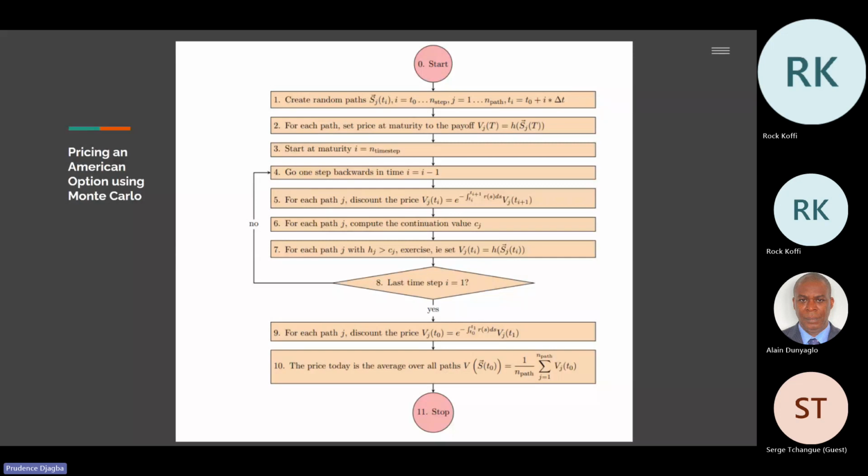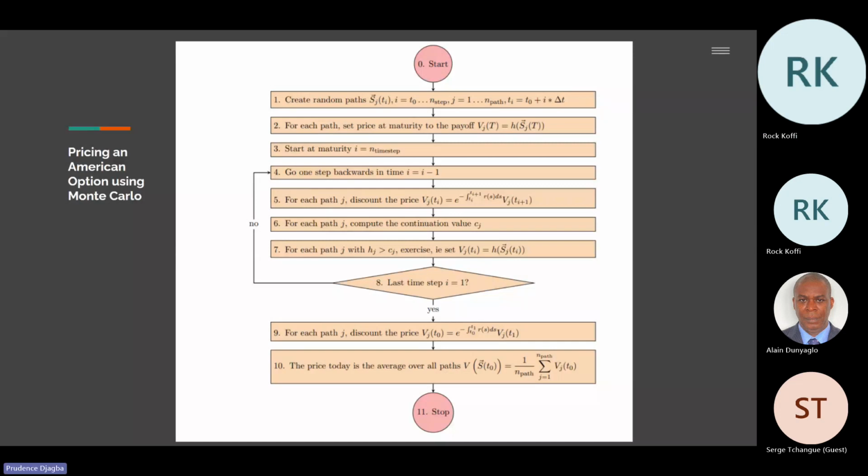So then we start building cash flow matrices, and we go one step backwards. Going one step backwards, we evaluate what we call the continuation. The continuation is just the expectation of, if I want to evaluate the continuation at a time ti, I need to take the expectation of the discount factor times the cash flow at t plus 1, conditioned on the stock price at t.